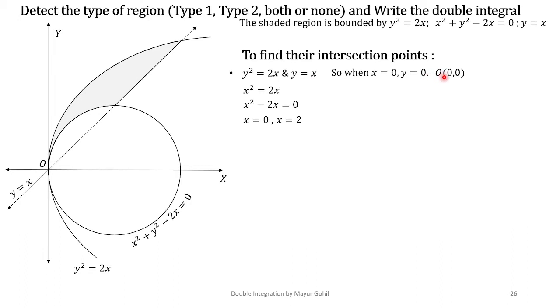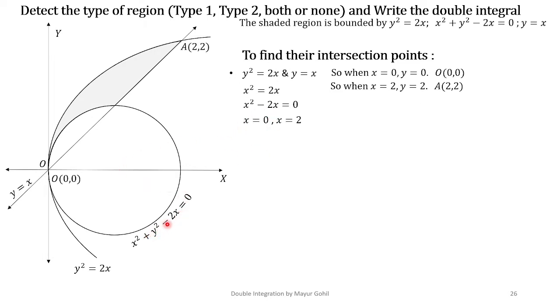You get y equals to 0, and the point will be origin 0, 0. When x equals to 2, you again get y equal to 2, and the point will be A 2, 2. Write these values on the diagram for simplicity.